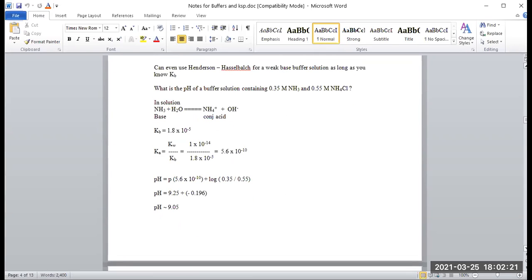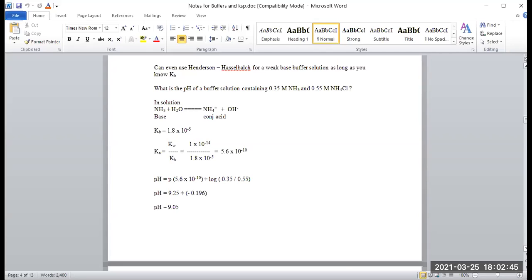We have some ammonia that is 0.35 molar. So that's your weak base. Your NH4Cl, of which we don't care about the Cl part, is your salt. Think about what pieces you're using to set this up.